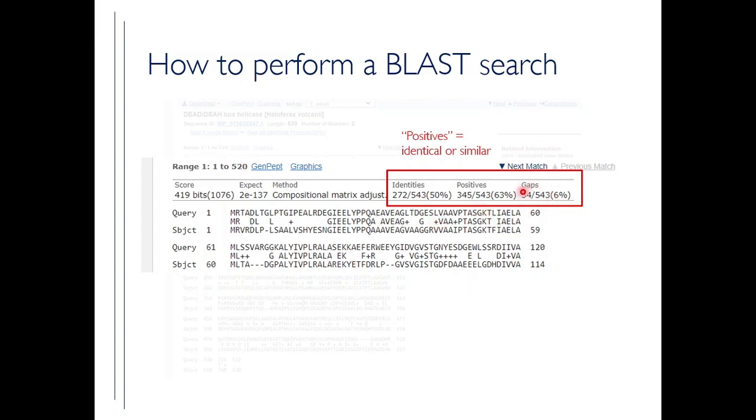Gaps are also included, so there's 6% gaps. That's where a match has not been able to be made, and they're denoted by these little hyphens here. Gaps are required to be placed into the alignment to ensure that the alignment is correct.